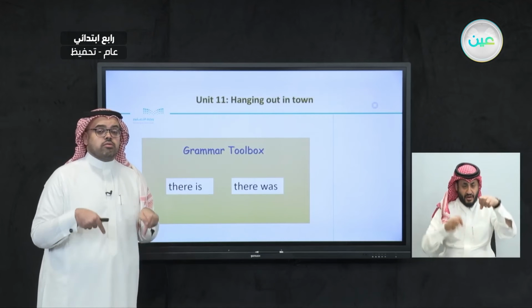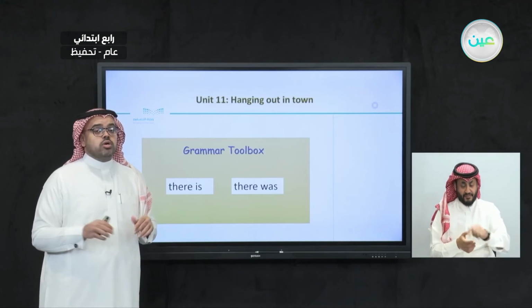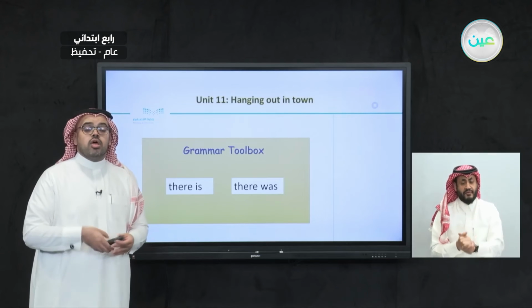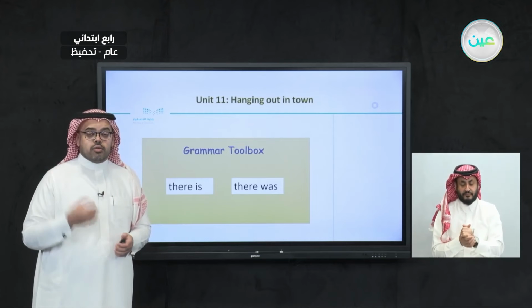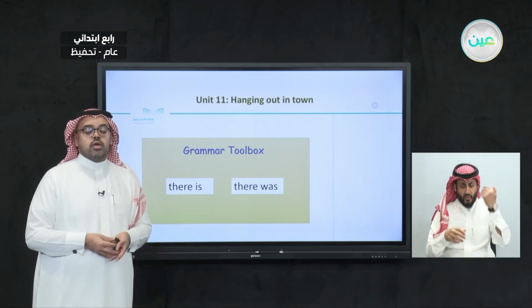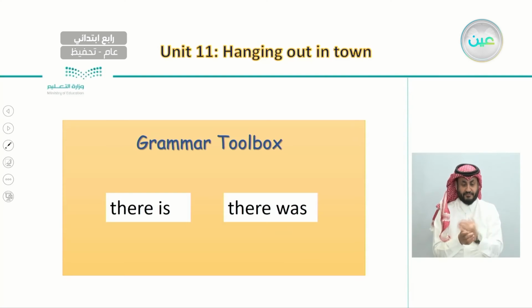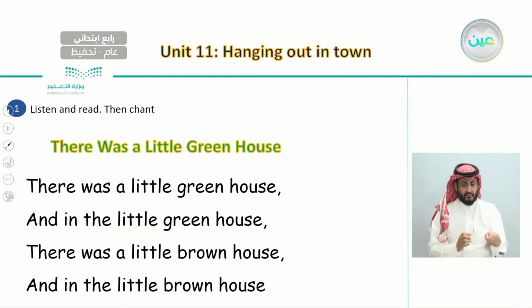There is right now. But when we use was, then we're talking about the past. For example, there was rain last week. So this is the difference between using there is and there was.